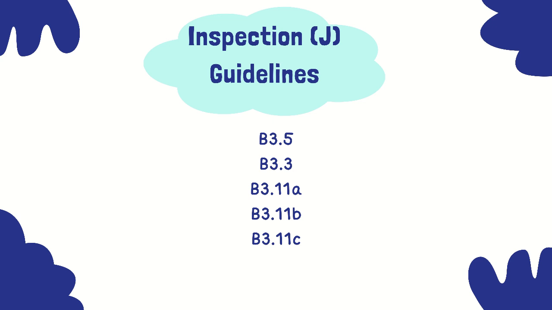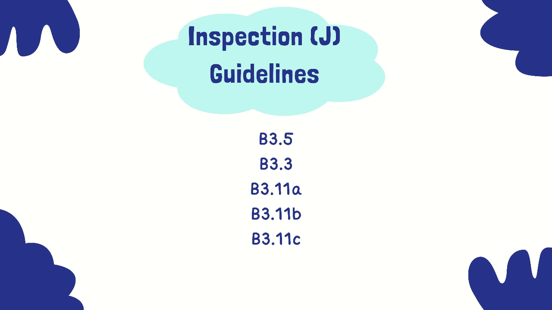So, inspections of multiple tubular body parts in the same body system do not get an inspection code for each area explored, but rather the most distal area is coded. That's 11B, and then 11C is when you have an inspection and another procedure.